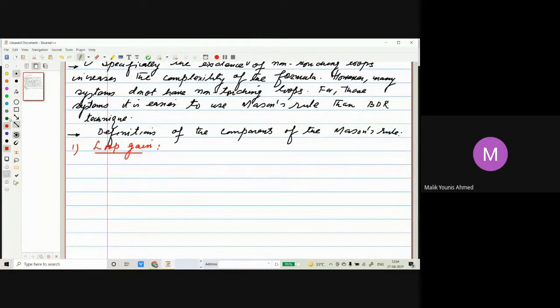This is the reference for us, this diagram. I'll draw this in blue.